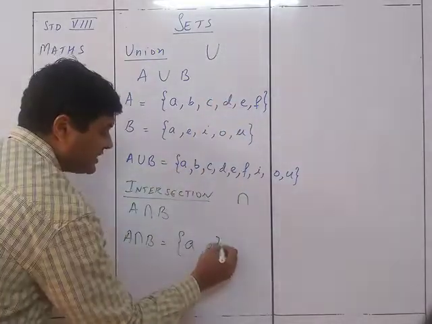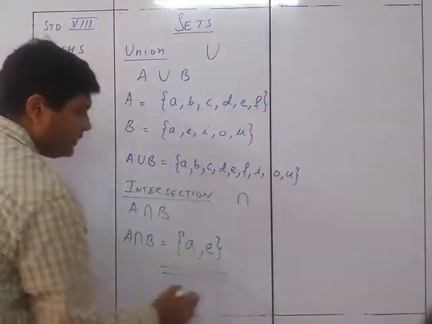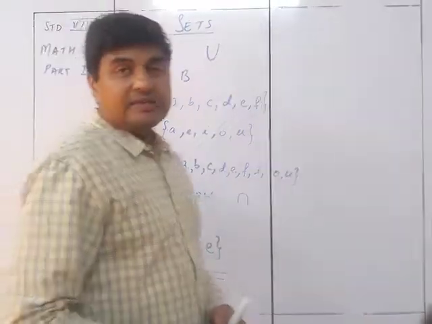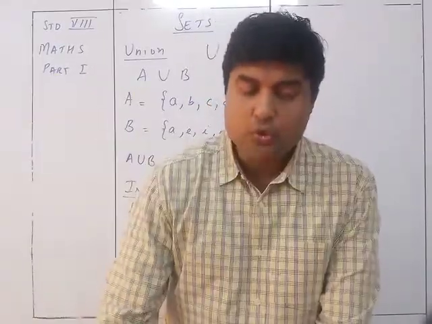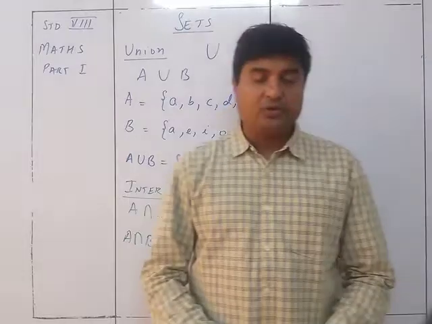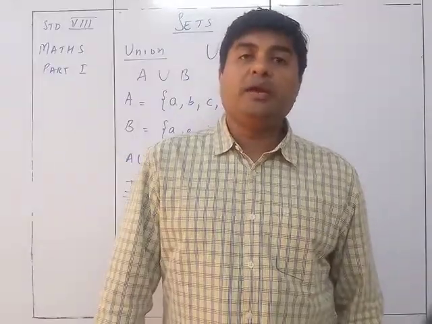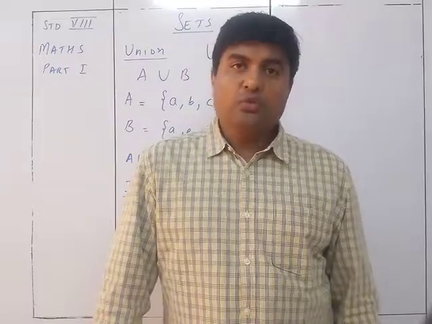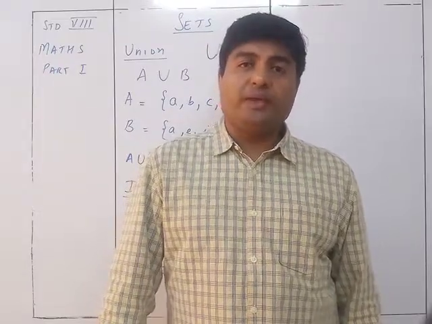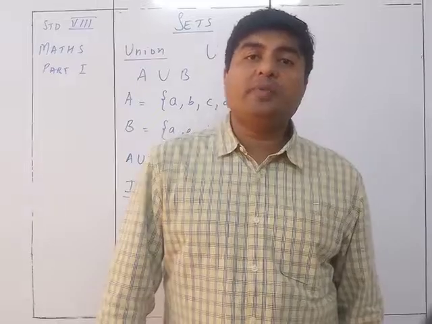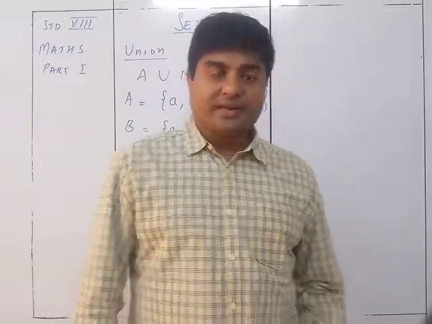So the answer is just A, E. So intersection of two sets will be all the common values between two sets. If two sets have anything common between them, it will come under the answer for intersection.